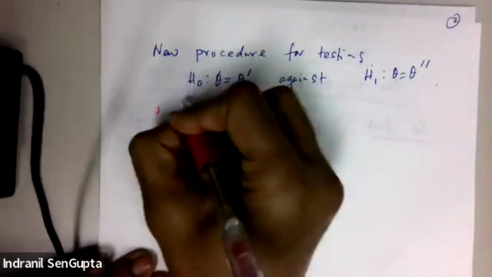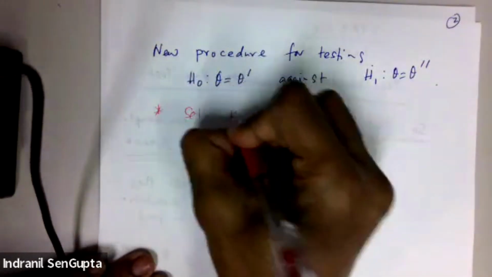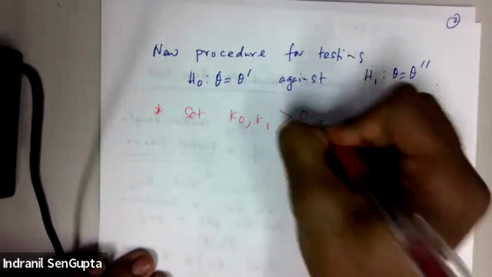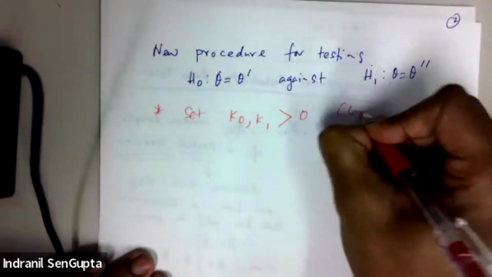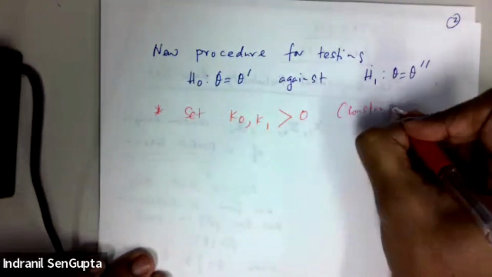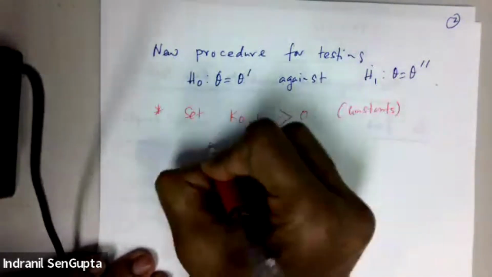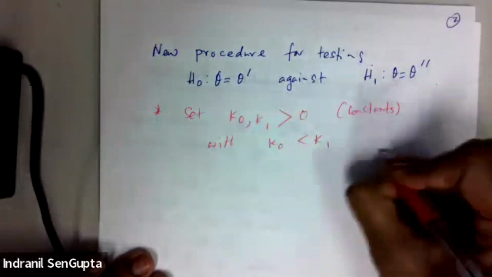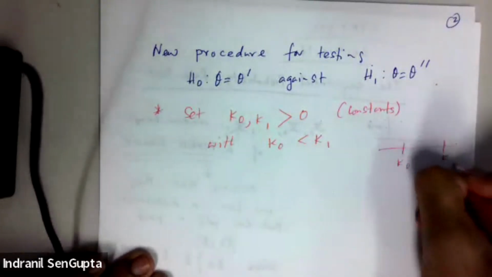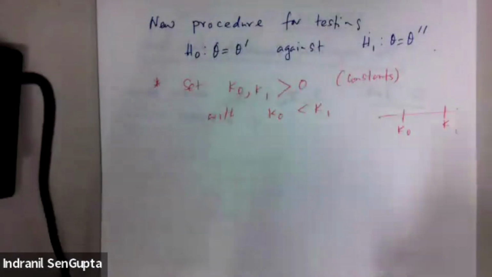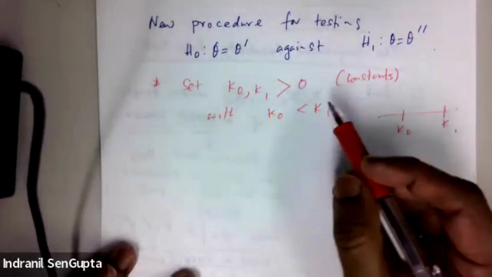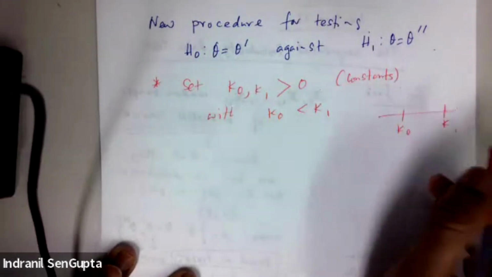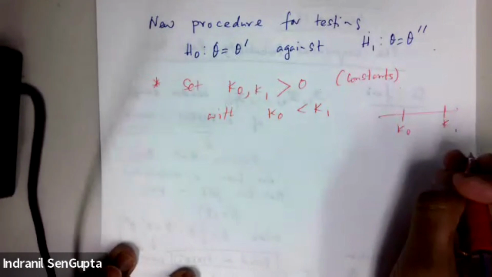First of all, set K0 and K1 to be positive constants, with K0 strictly smaller than K1. Later on, we'll see how these constants are chosen, but for now, we just assume that they are two positive constants.